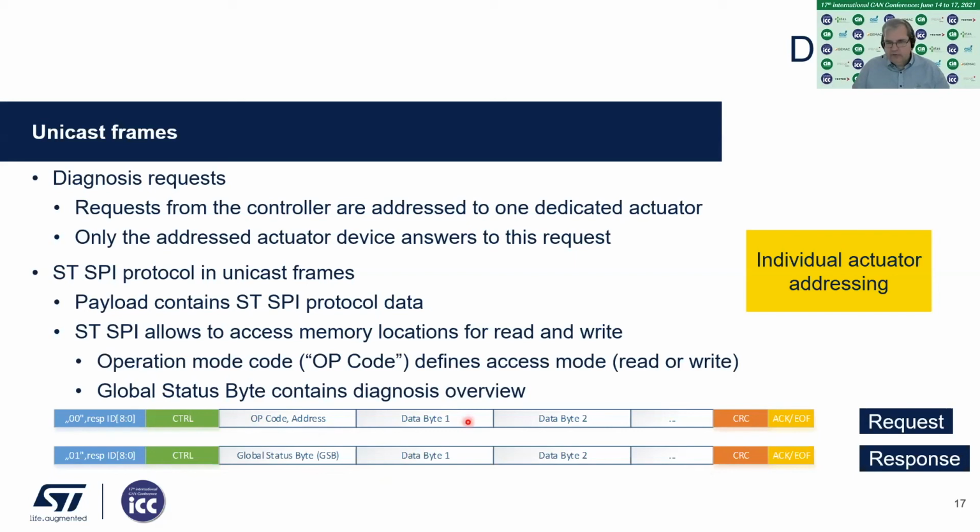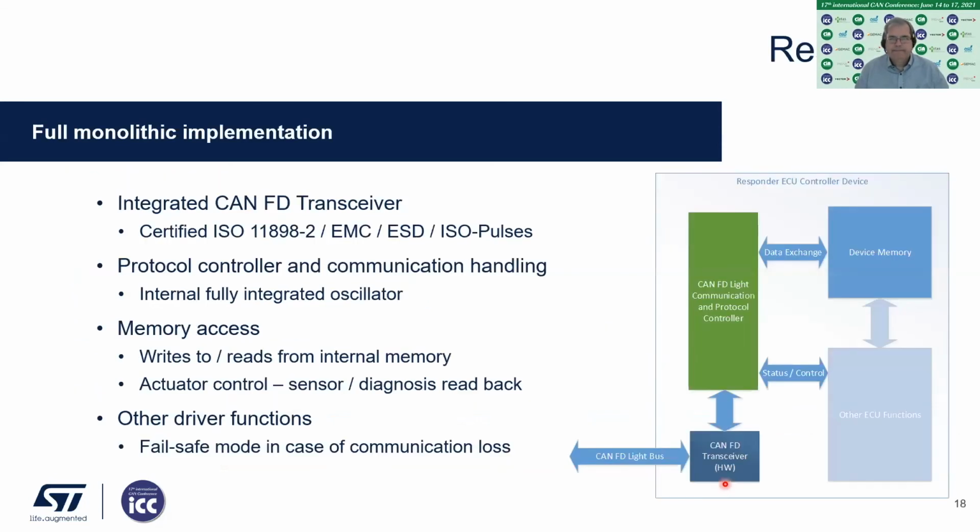With that, you can program memory locations individually with these unicast frames, and you can also get back diagnosis data and monitor the content of these drivers, like: is the PWM correctly received, are the lights on, and stuff like that.